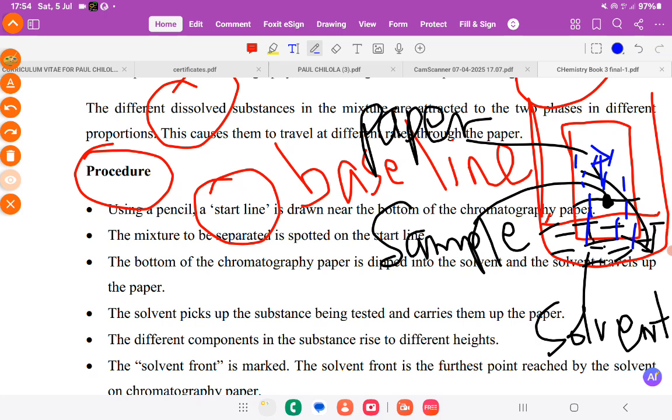That's the direction of the solvent. So the solvent picks up the substance as it is moving up.